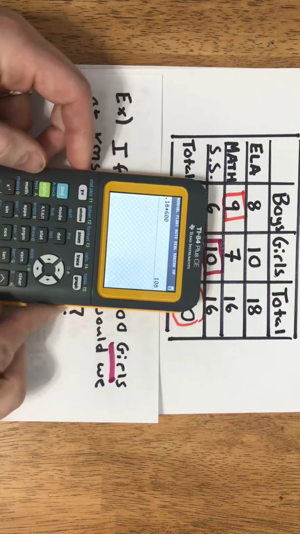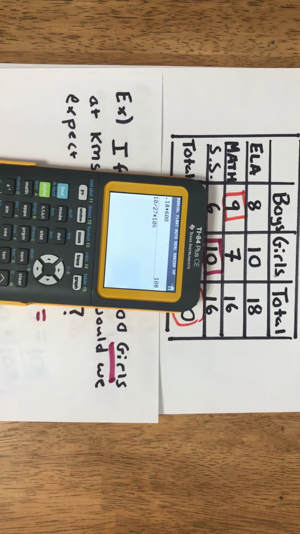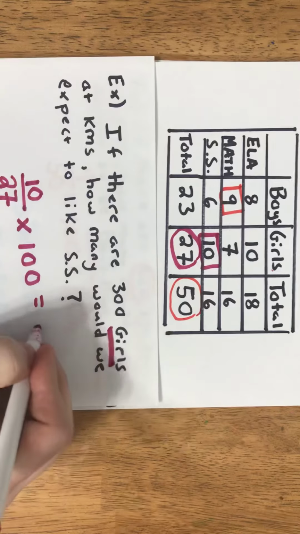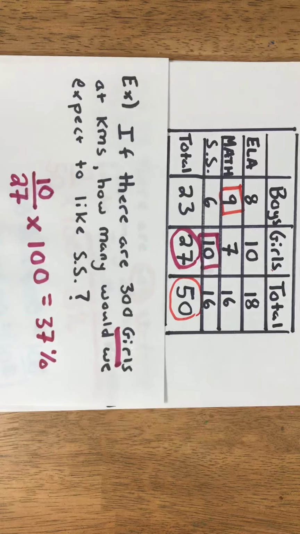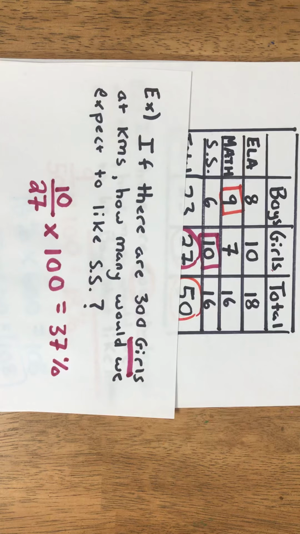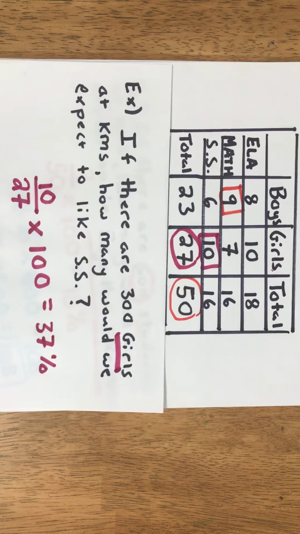So again, I'm going to use my calculator here. 10 divided by 27 times 100, and I get approximately 37%. So we know that 37% of our girls would like social studies.